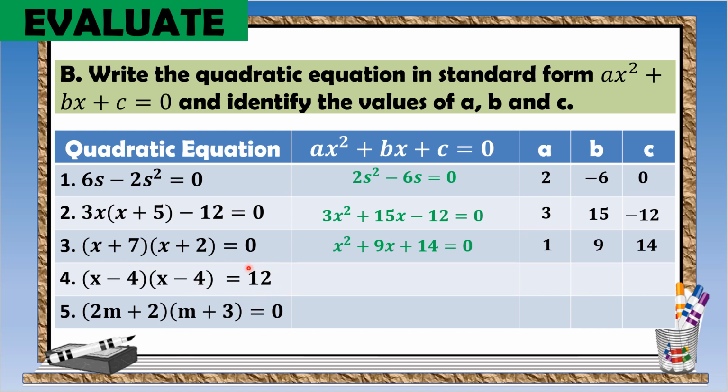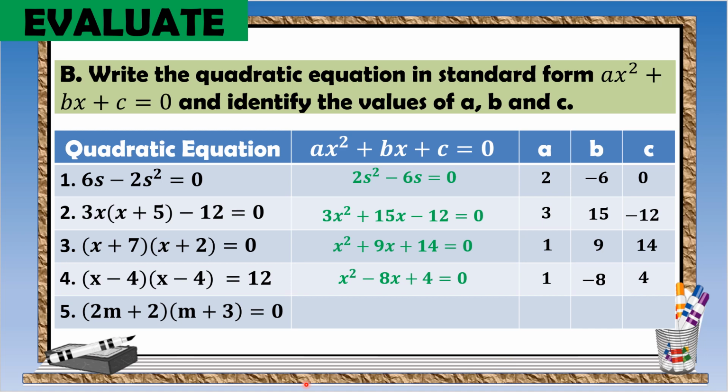But since we still have 12 here, transpose 12, it becomes negative 12. To simplify the equation, we have x squared minus 8x plus 4 equals 0. So a is 1, b is negative 8, and c is positive 4.